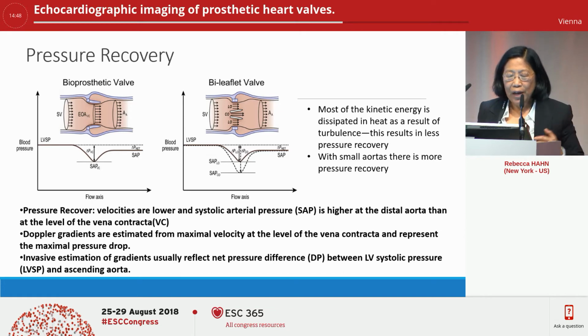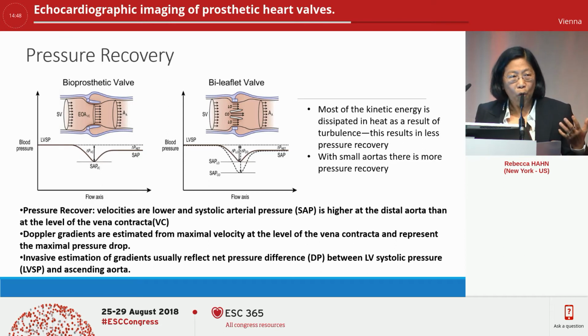So in valves that have more turbulence and therefore dissipation of the energy with heat, you may actually see less pressure recovery. But in a lot of the valves, you're going to see pressure recovery, and that's why you will get a discordance between the vena contracta area and what the pressure gradient is measured by cath. And you just have to remember that this is possible.